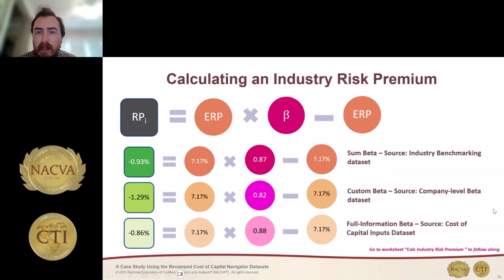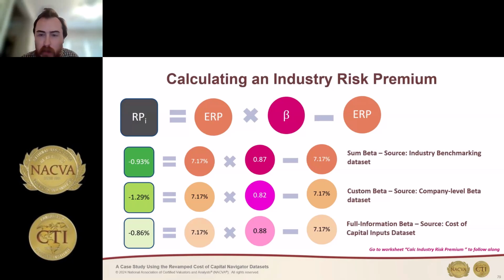So if we advance a step here, we can see the same formula up above to calculate our industry risk premium, and we're going to calculate it three different ways using those same options that Kevin just showed us. So the first is the 0.87, which was from the industry benchmarking data set. We can see that final calculation minus 0.93. We also do it for the custom beta, using the same ERP. Again, we can see that adjustment. And then also using the full information beta.